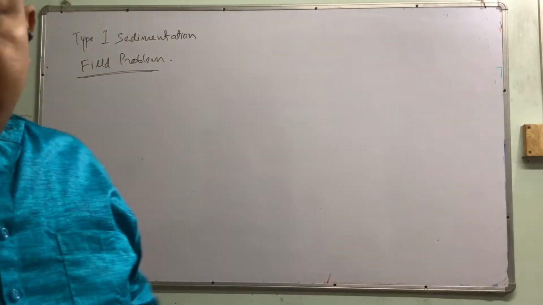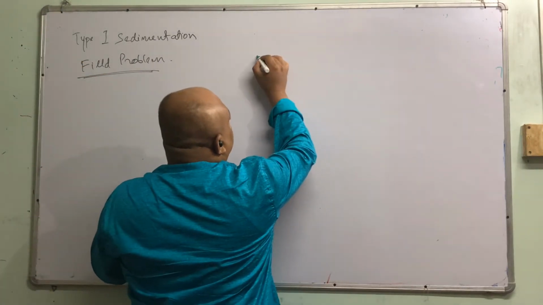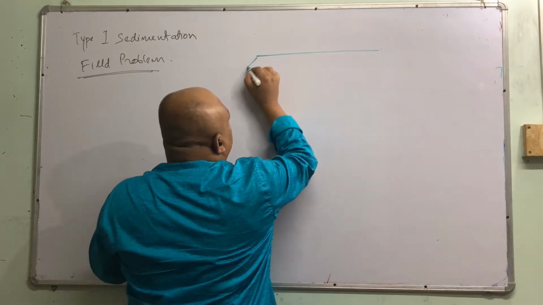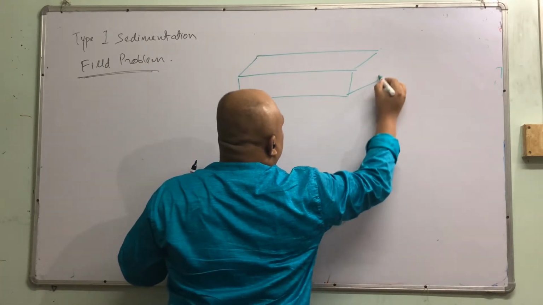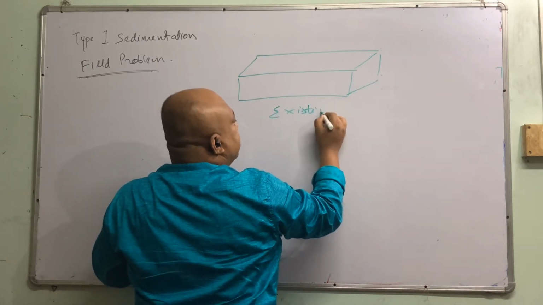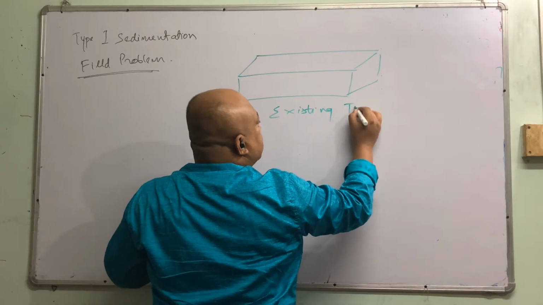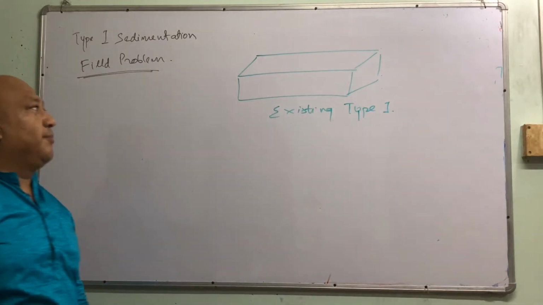Now, let's imagine, before the question, I'm going to explain it. There is already a grit chamber that exists. Say, for example, this is an existing type 1 sedimentation. It's already existing.